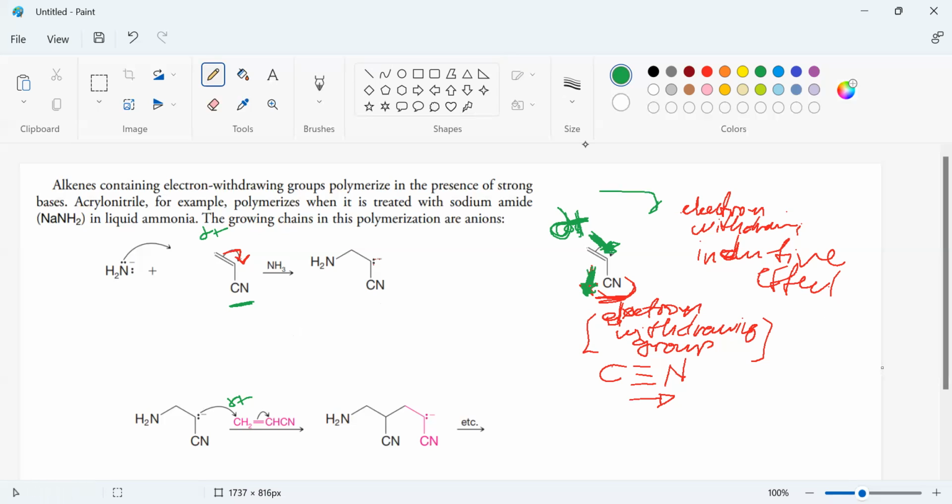We use the electrons from this carbon anion to attack this one. So the electrons coming from this double bond go here, and you get your anion here. And then we just repeat the cycle.